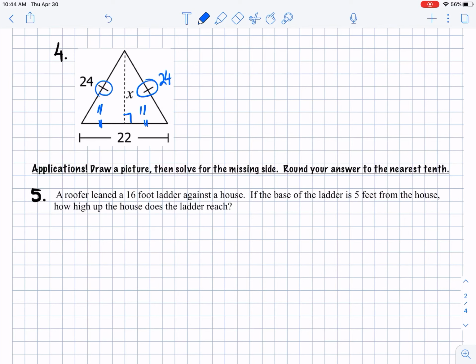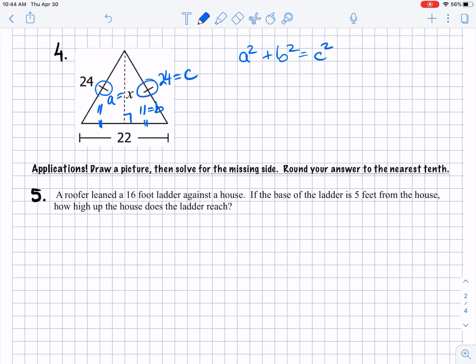So there are two congruent triangles. We can pick either one of them, and x is one of the legs, so let's call it A, and this is B, and this is C. So a squared plus b squared equals c squared, the Pythagorean Theorem.